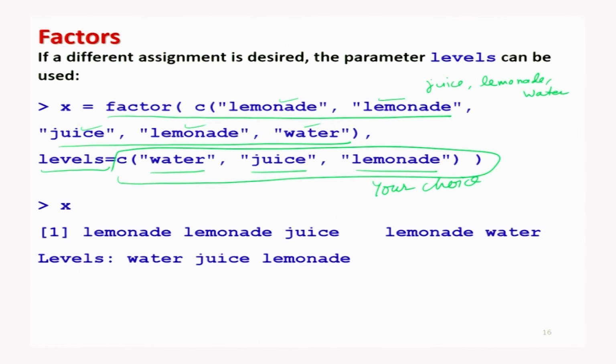So, if you want to have a different assignment for the labels, try to use the parameter labels LEVELS and try to give the name of the new variables in the order you want under this labels, and after this you will see here this labels will become here water, juice, lemonade, right. So, this is here like this, and it does not make any difference because you are simply trying to give it here labels, that is all, right.